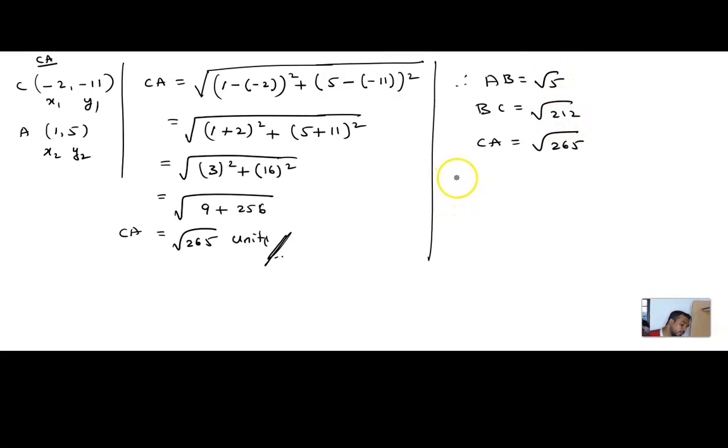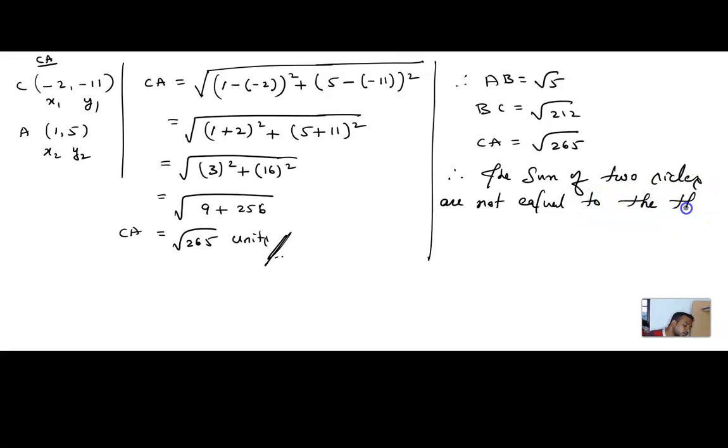So directly we can come to the conclusion that the sum of two sides is not equal to the third side. The sum of two sides, that is AB plus BC, is not equal to CA.